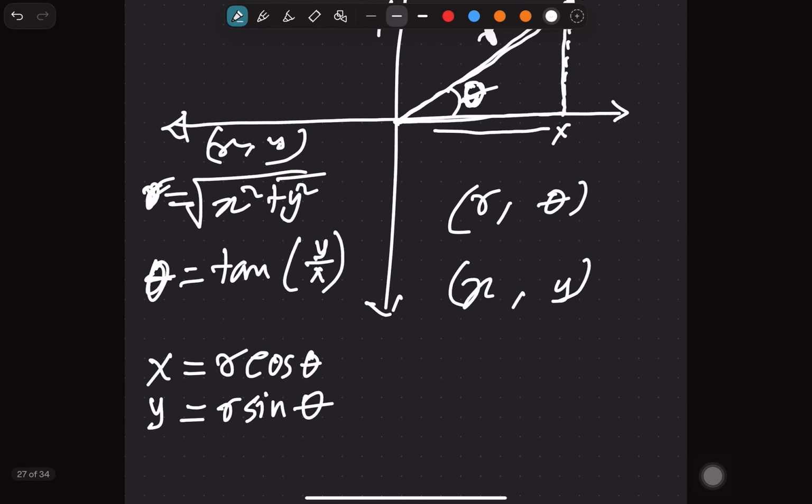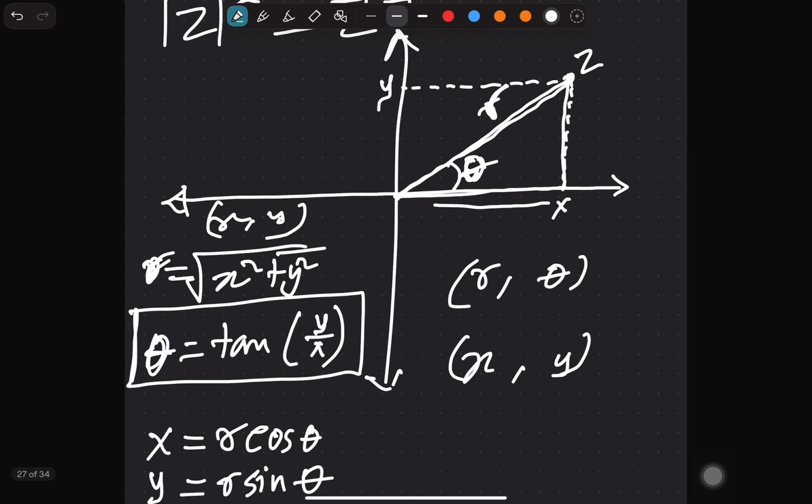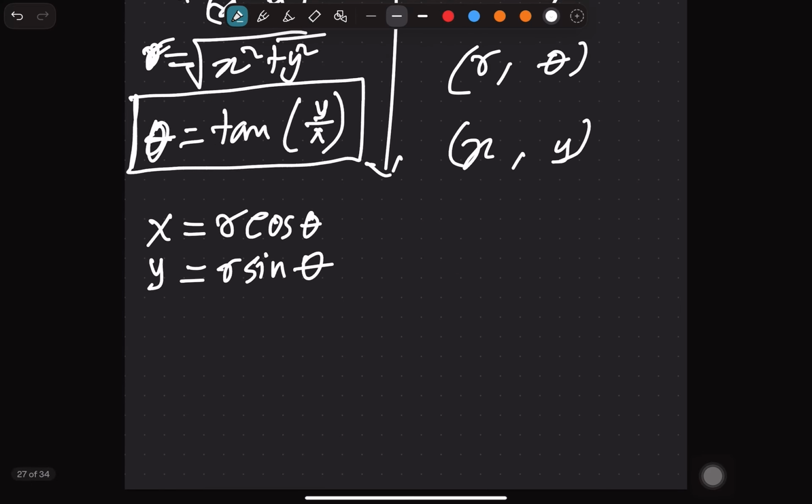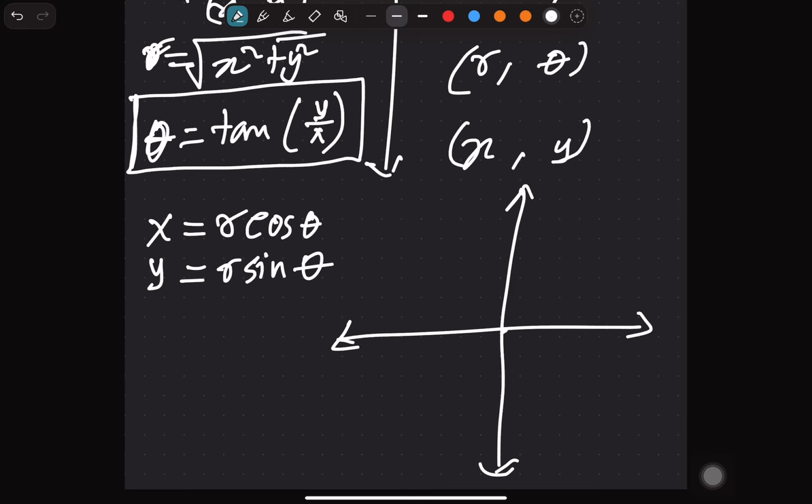Now once again, getting theta when you have your complex number in the coordinate form x and y can be confusing if we don't have the complex number in the first quadrant. So for instance, say the complex number is over here.